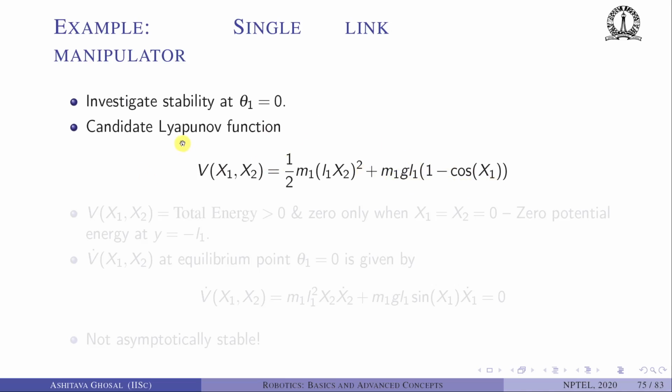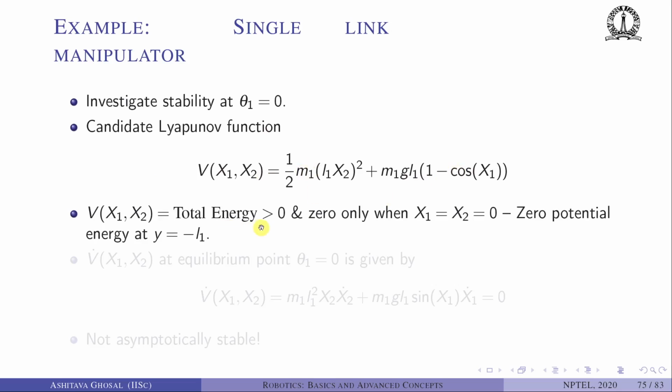So the candidate Lyapunov function is the total energy of the system, kinetic plus potential energy. We know that the total energy will always be greater than 0, and it is 0 only when x1 equals x2 equal to 0. So it is a positive definite function.